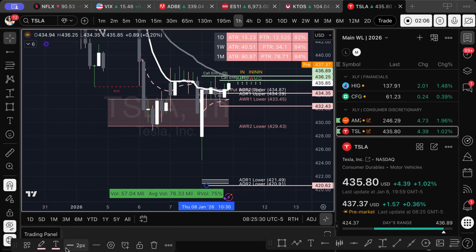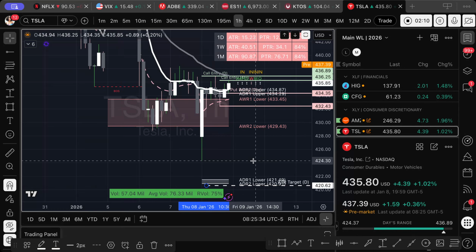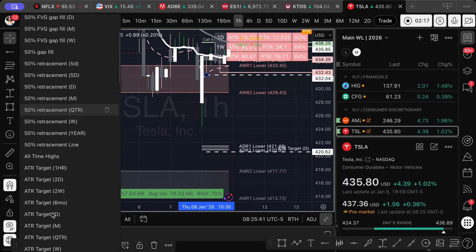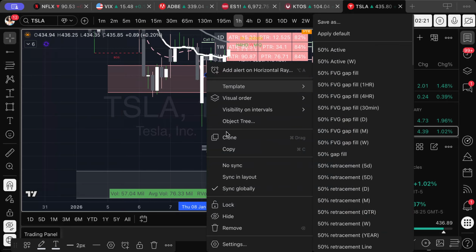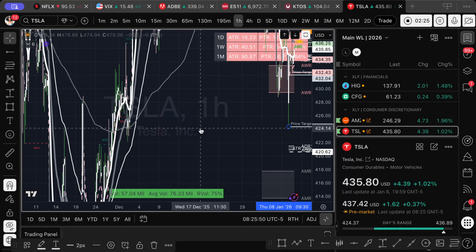And that would be our ATR target. And now let's just map out our price targets. See if we have anything lower, and we do.